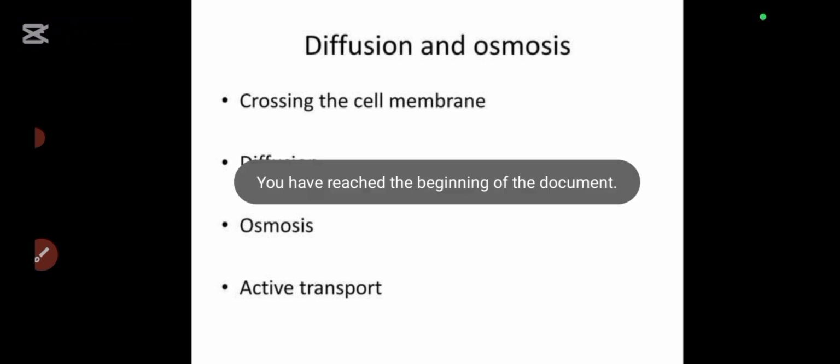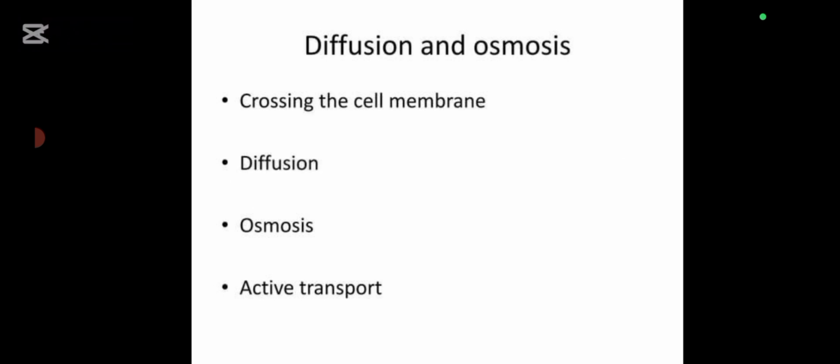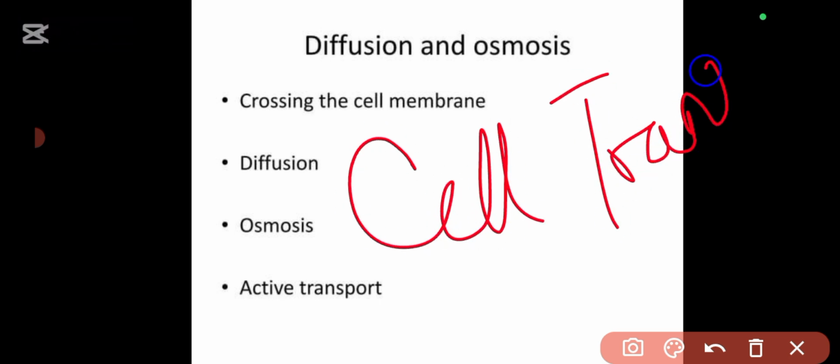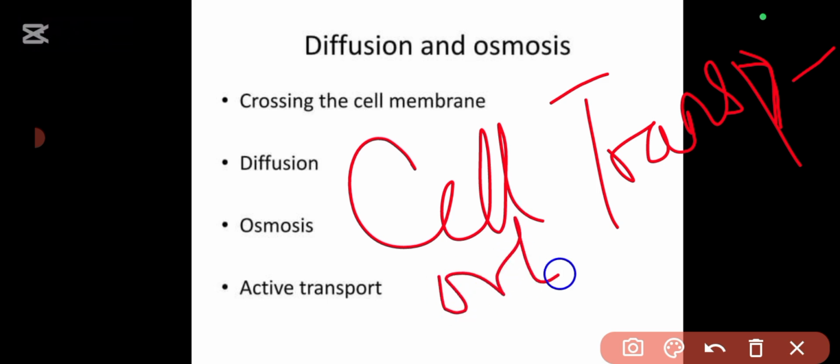So basically, the topic of diffusion and osmosis can also be called cell transport. It is when we deal with movement of substances into and out of the cell that we primarily talk about diffusion and osmosis.